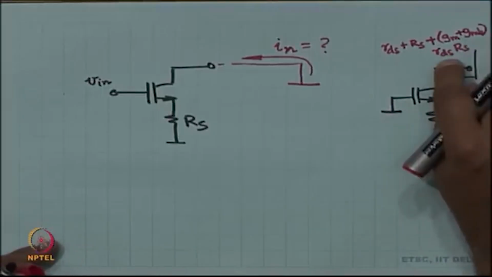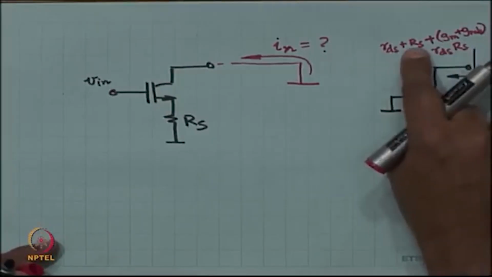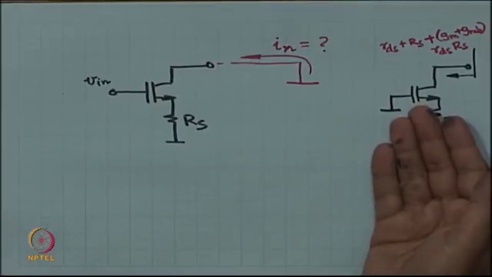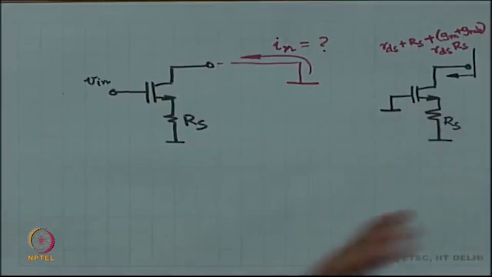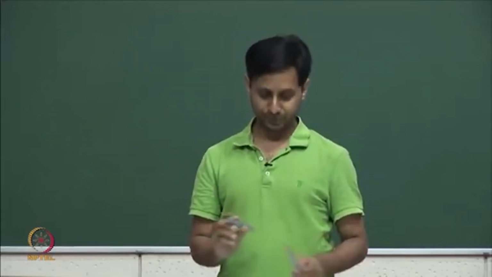GM plus GMB times RDS is the intrinsic gain of the MOSFET, times RS, plus RS plus RDS. That is the impedance. One experiment done already. I am not even expanding the MOSFET, I do not need to know what is inside anymore. I am just using that earlier expression.